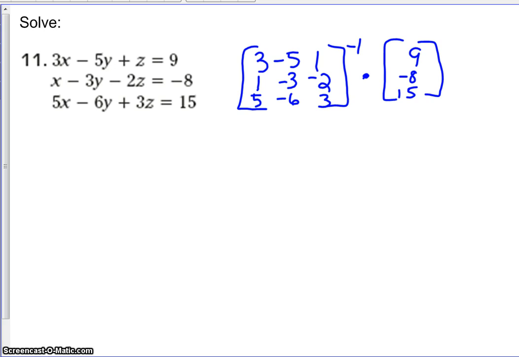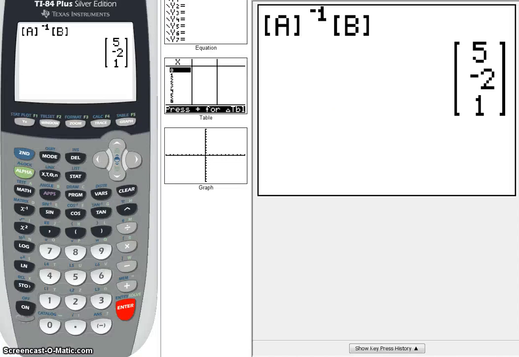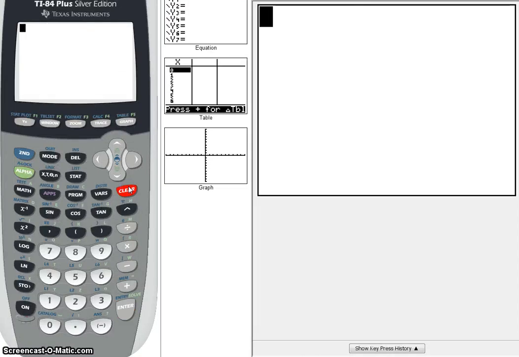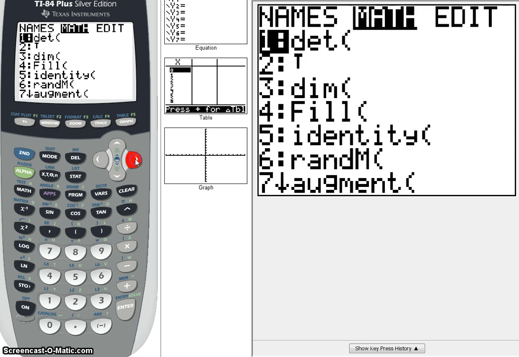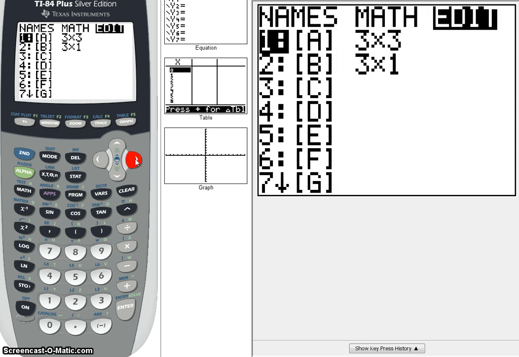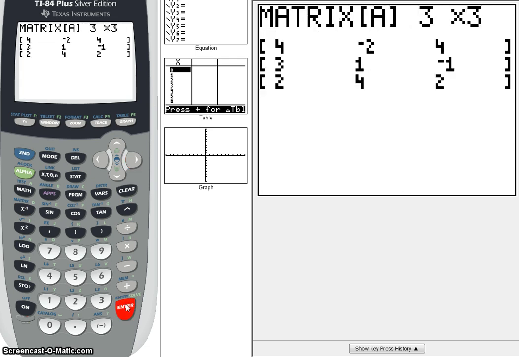Okay. So now again, we're going to go into our graphing calculators and enter this in. I'm going to go back to my matrix. I'm going to enter in a new A, and I like to just keep it in A. We still have a 3 by 3.